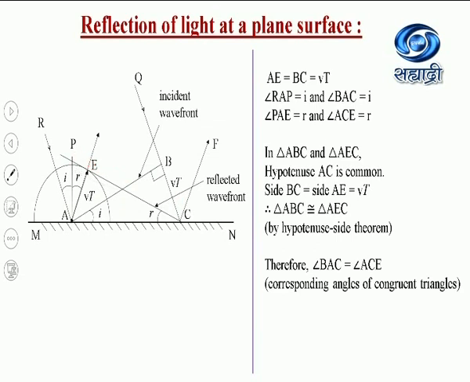These are corresponding angles of congruent triangles. Now angle BAC is equal to I, angle ACE is equal to R. So we can write I is equal to R, which is the law of reflection.